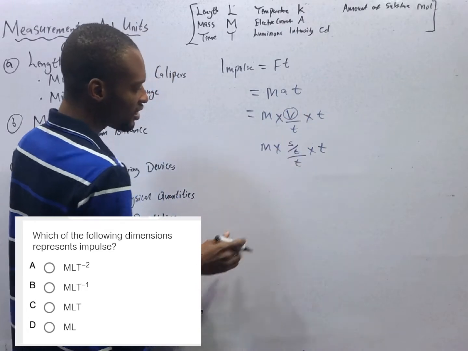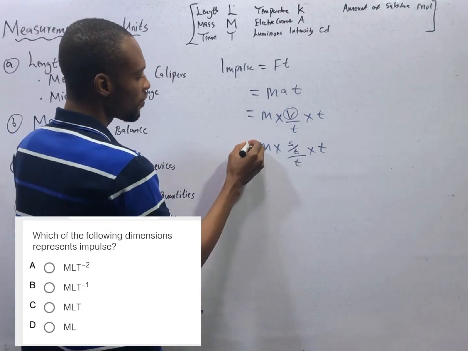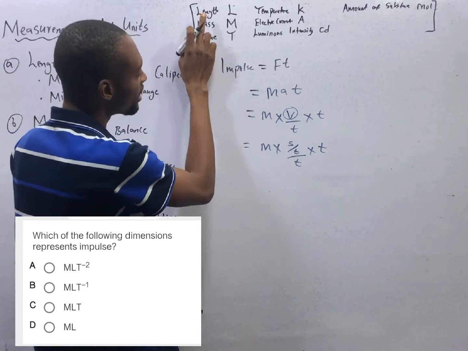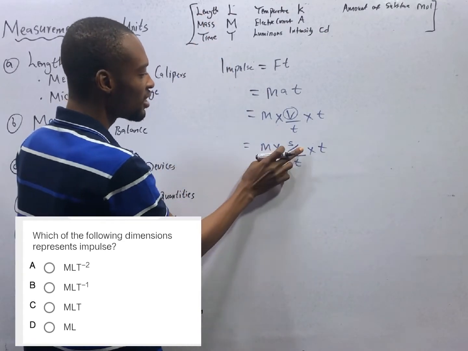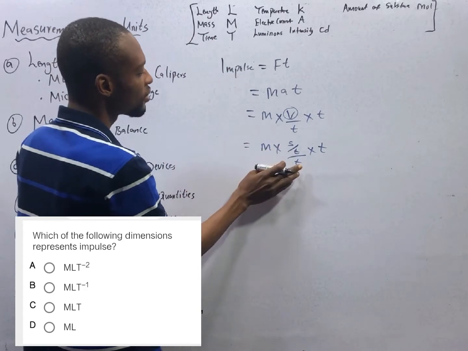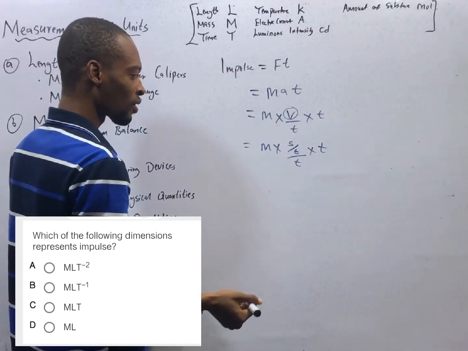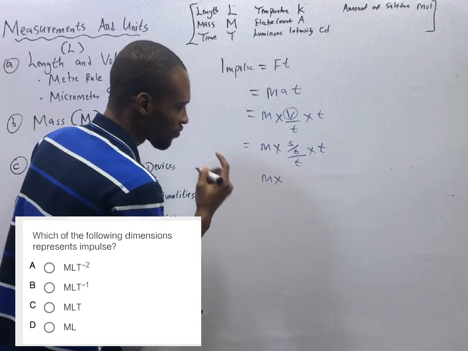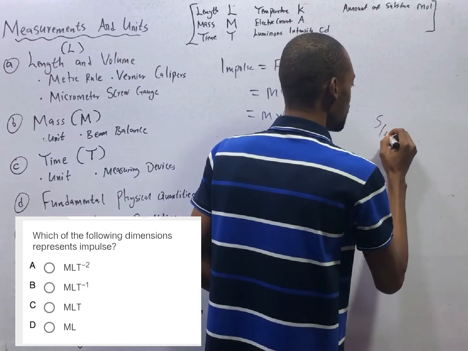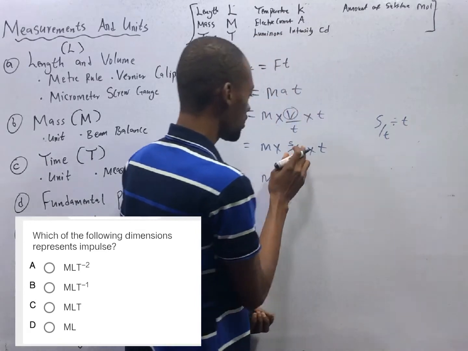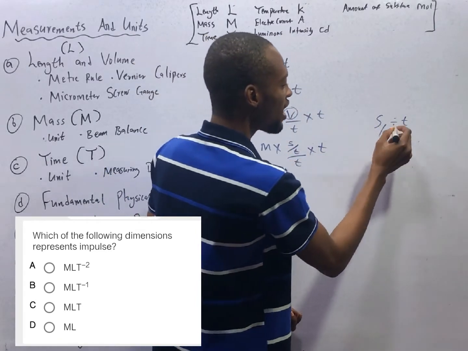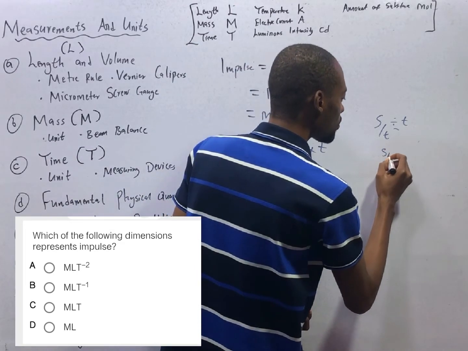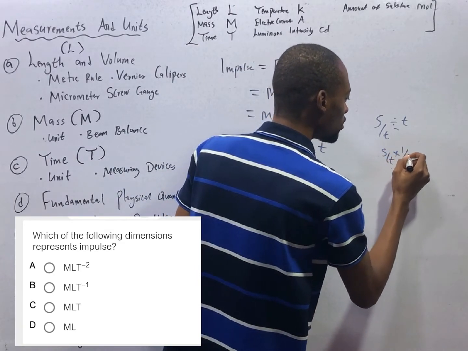So everything here is fundamental because mass, distance, which is displacement, length, and time t. We simplify m times s over t divided by t. This is the same thing as this. Now let's change this division to multiplication. We will therefore have s over t times 1 over t.